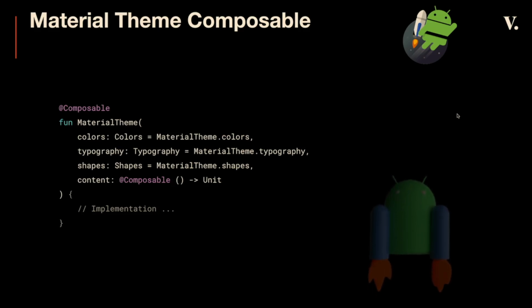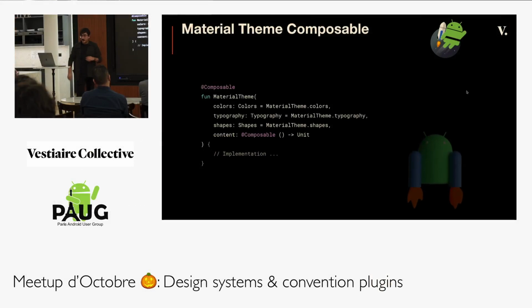Now to start composing the design system, let's understand first the material theme composable that we have seen that we used in the root of the composition. Just as a note, this code is from the Android SDK. So if we add compose material as dependency to our project, we can access the material theme class. So material theme is the top hierarchy composable that is used to wrap all the rest of the composition.